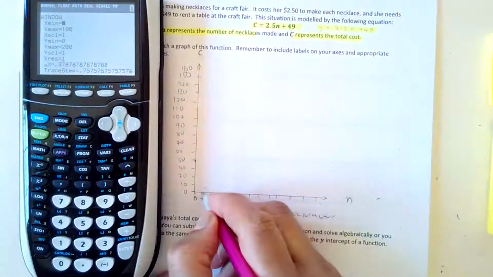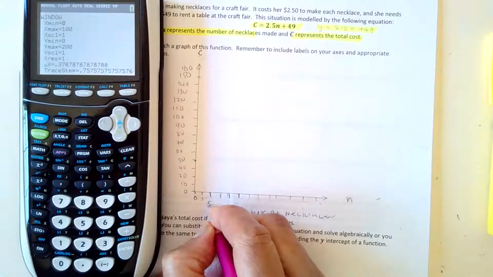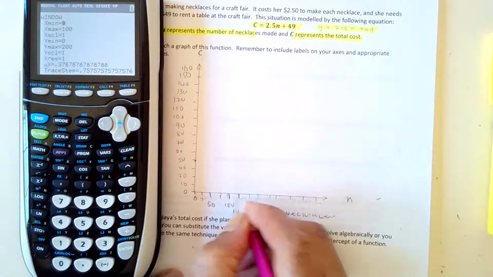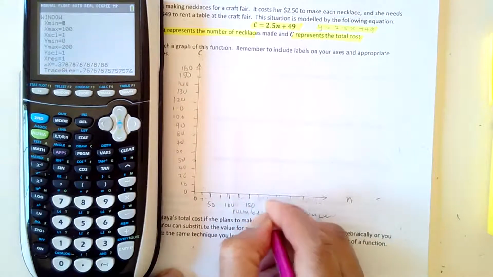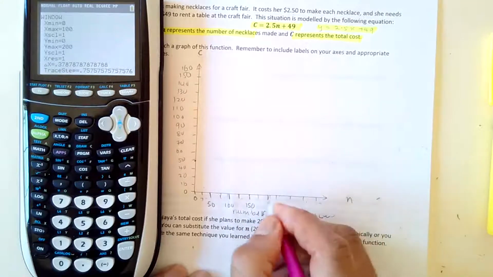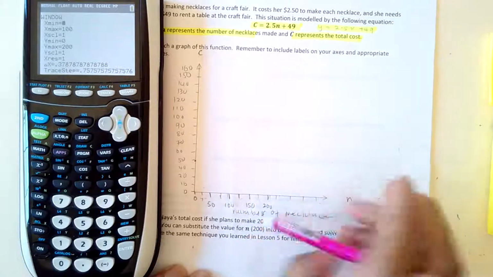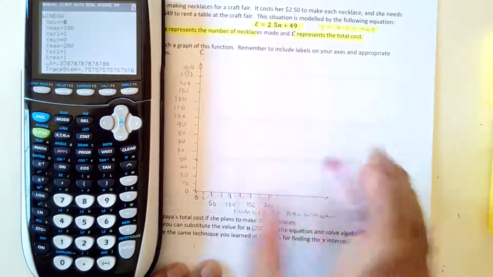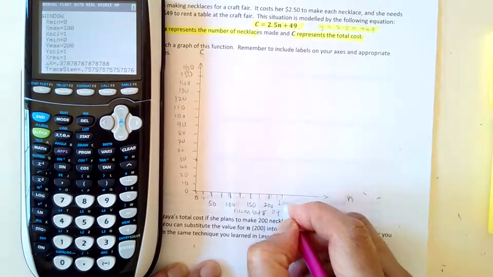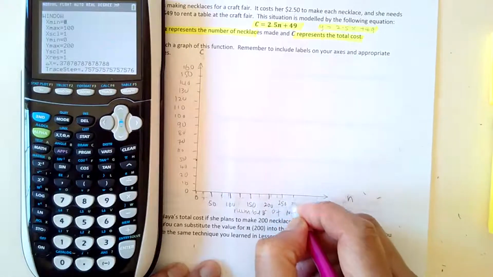Now I'm going to make this a little bit neater. I'm going to make this 50, 100, 150, 200, 250, 300.